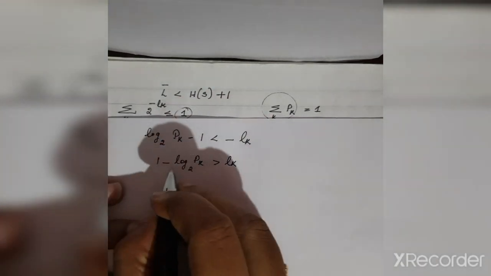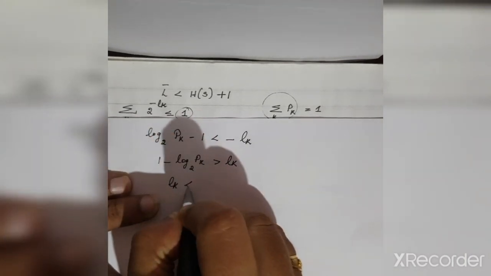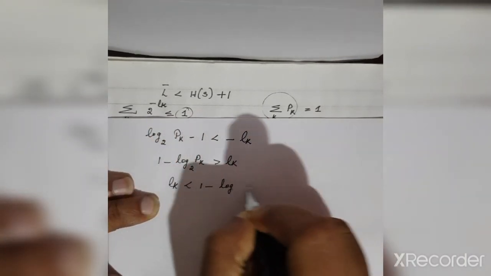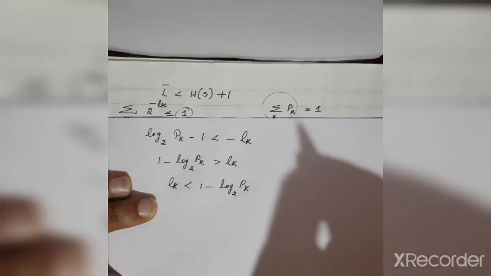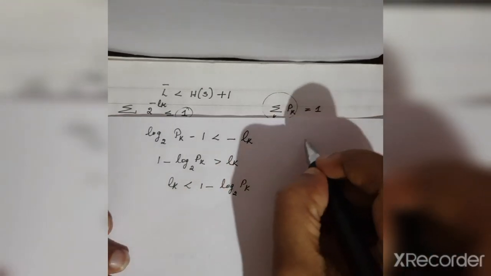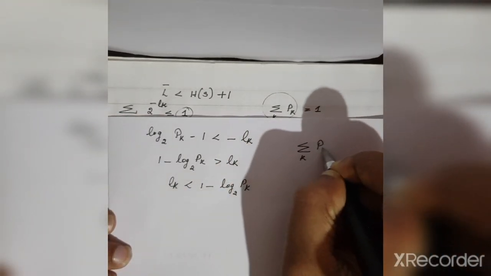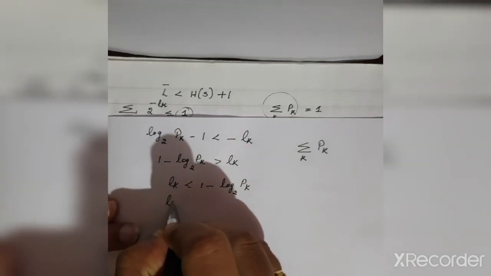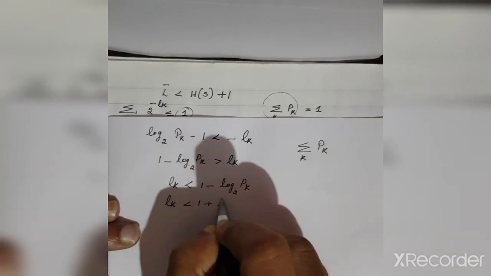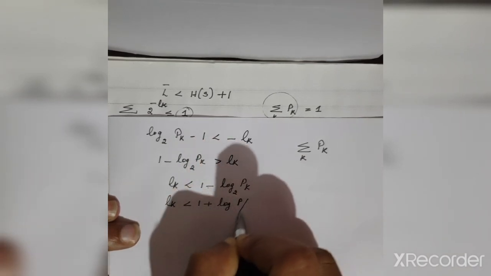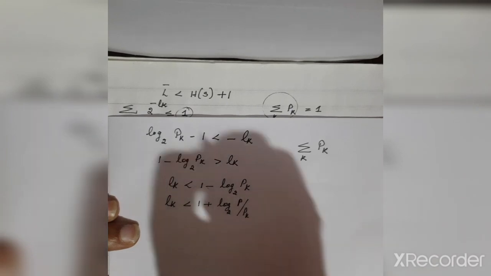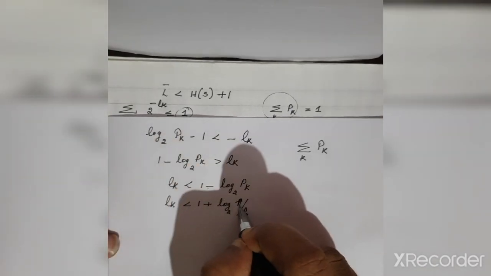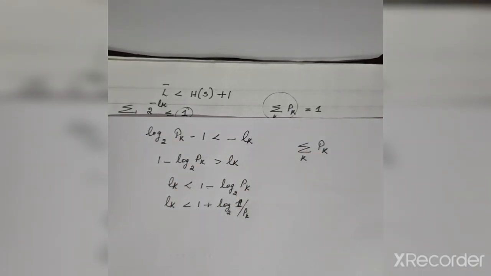For convenience, I am writing it as lk is less than 1 minus log pk to the base 2. Before multiplying both sides by the summation over k of pk, I am going to change this sign, so it becomes lk less than 1 plus log of 1 by pk to the base 2.